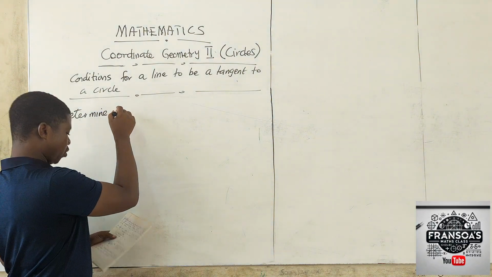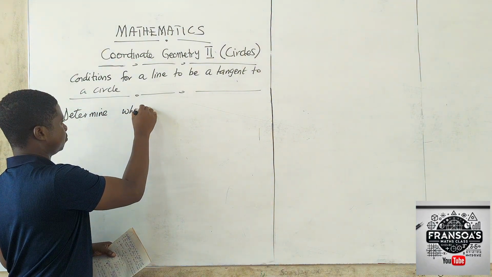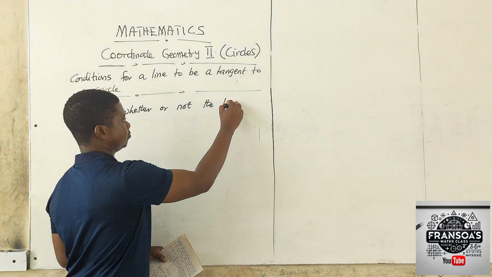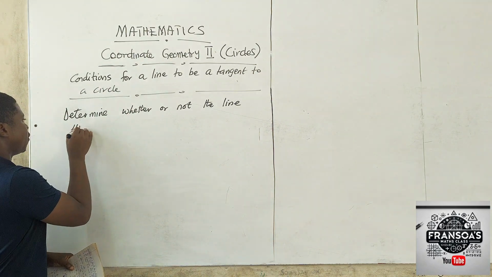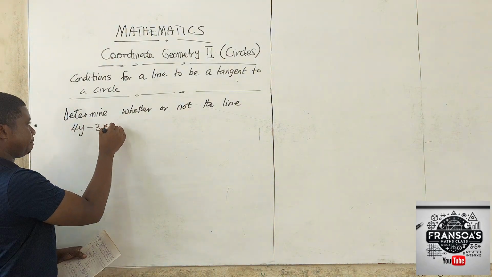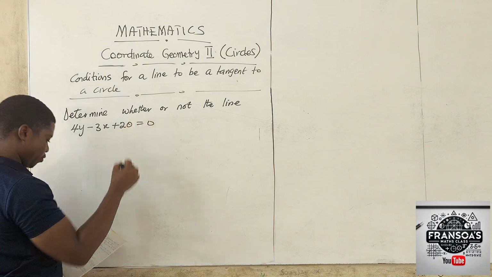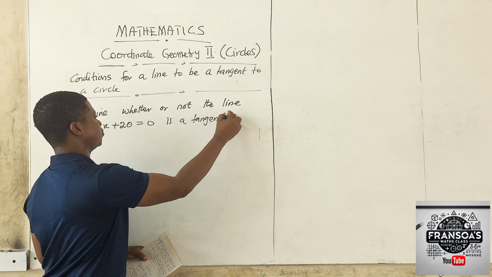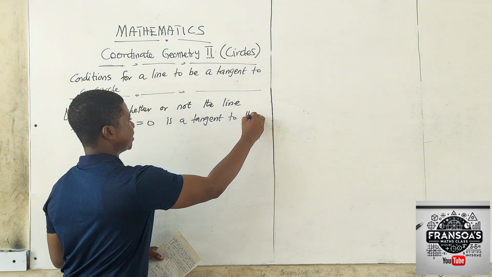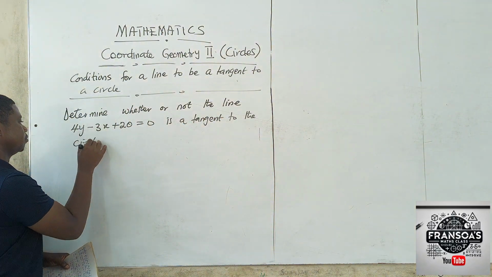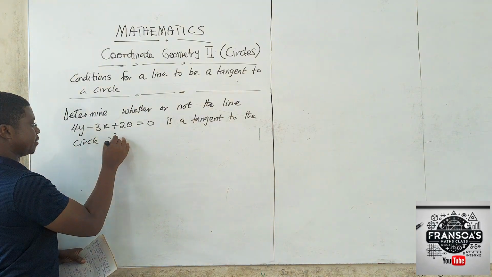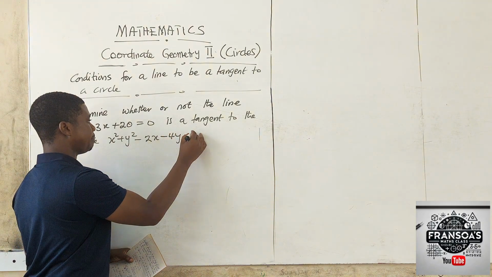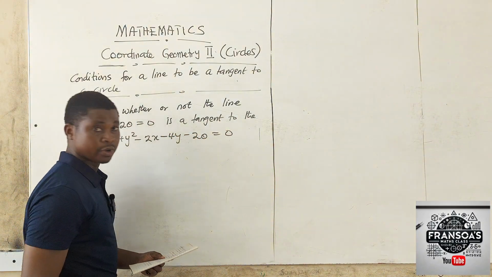Determine whether or not the line 4y minus 3x plus 20 equal to 0 is a tangent to the circle x squared plus y squared minus 2x minus 4y minus 20 equal to 0.